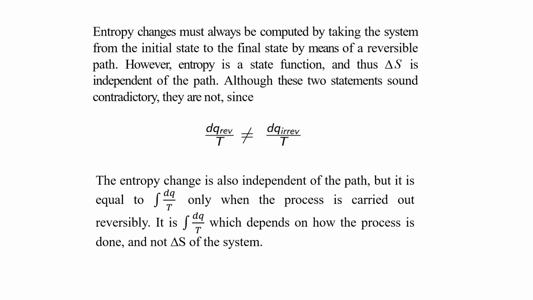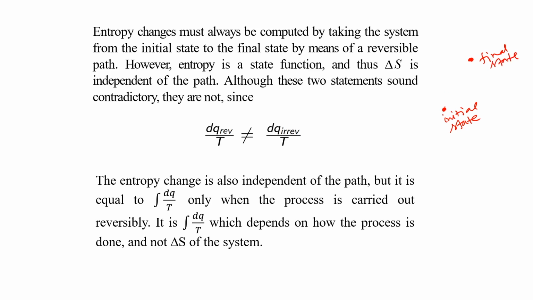Although these two statements sound contradictory, they are not, since delta Q reversible by T is not equal to delta Q irreversible by T. What it says basically here is, suppose this is your initial state and this is your final state.